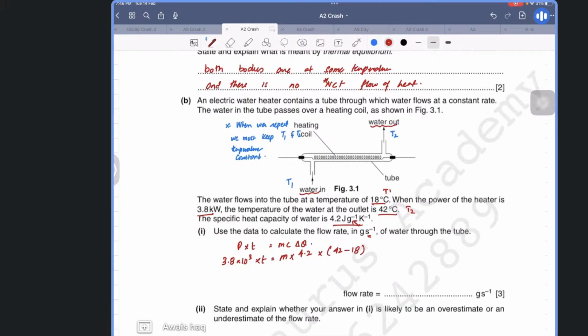So what do we need? We need mass flow rate, which is mass over time. So for that you need to do 3.8 times 10 raised to the 3 divided by 4.2 multiplied by 42 minus 18. Can you find the answer, please?